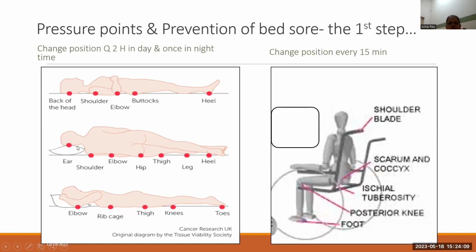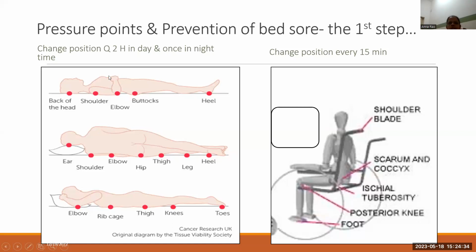So the ear will also get affected. So you have to be quite watchful at this region also. Many times it goes unnoticed, but that should not happen. Then when the patient is in prone position, here are the points where we have to look after, right?